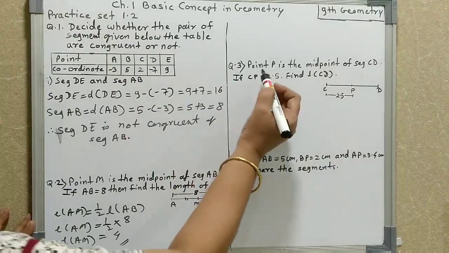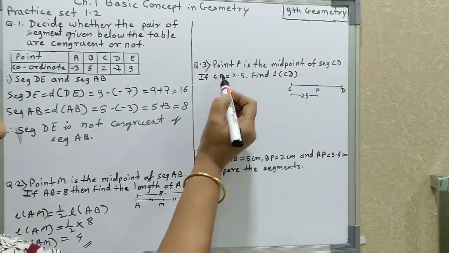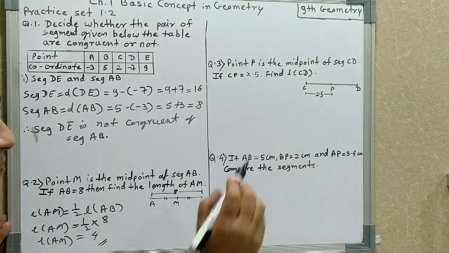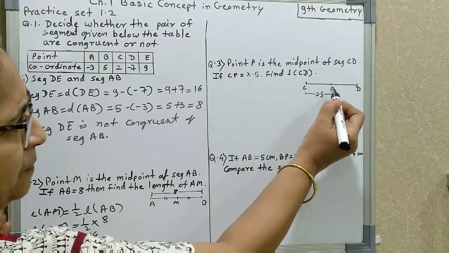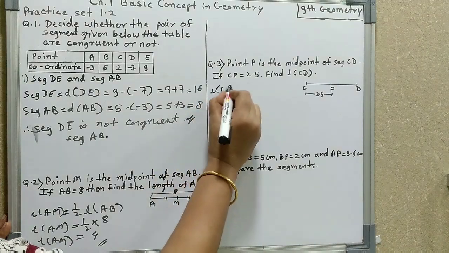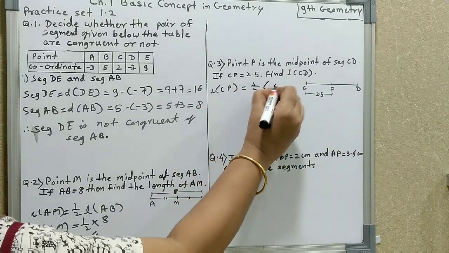What is the question? Point P is the midpoint of segment CD. If CP is equal to 2.5, find the length CD. See here the diagram. CD is the segment, P is the midpoint. What we find out is the length of CP. So length of CP is equal to half the length of CD.